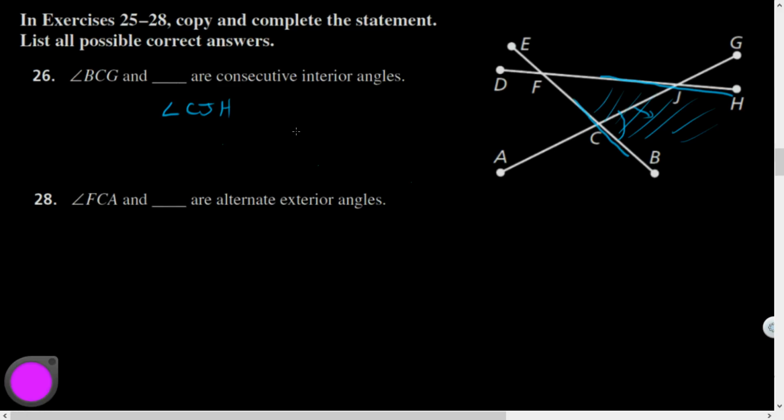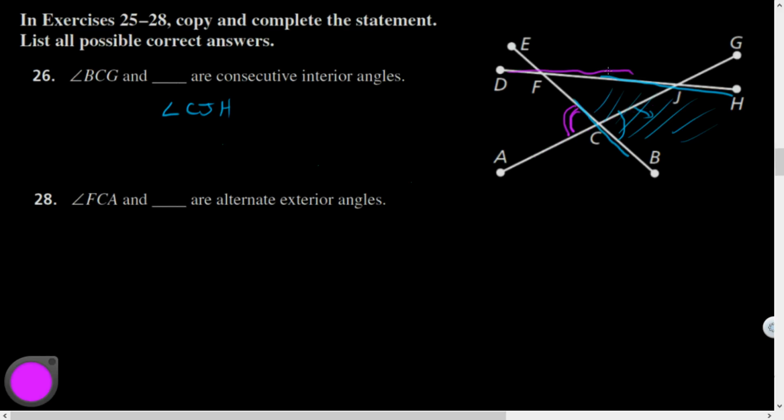Let's see, FCA. So FCA is this angle, which actually is a vertical angle with that one. But which angle is this an alternate exterior angle with? If I was looking at these two lines, it's interior for those, so that's not going to work.